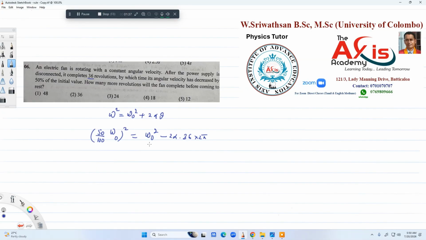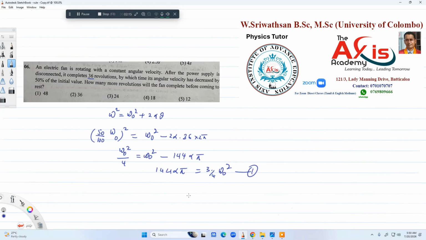If we solve this, this is omega naught by 2, so omega naught squared by 4 is equal to omega naught squared minus 144 alpha pi. So 144 alpha pi is equal to omega naught squared minus omega naught squared by 4, which is 3/4 of omega naught squared.